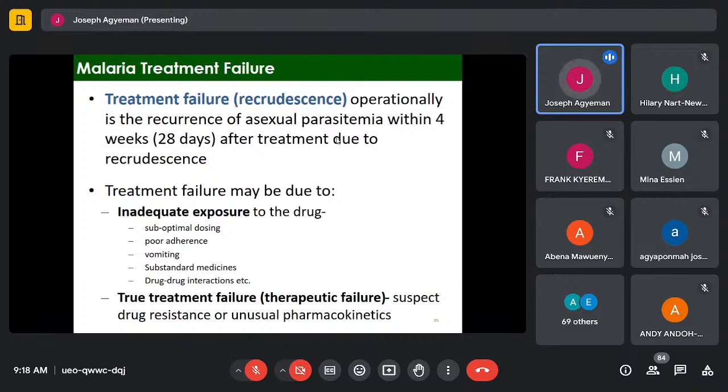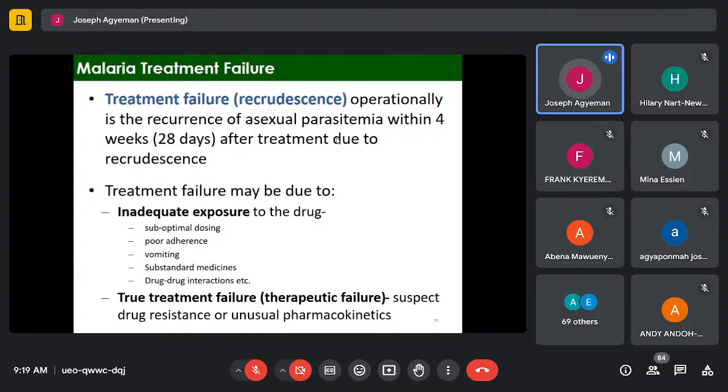But in recrudescence, the signs and symptoms will recur within 28 days. So for reinfection, you normally get the signs and symptoms after 28 days of managing the first episode. But in recrudescence, within 28 days, the signs and symptoms will be there.